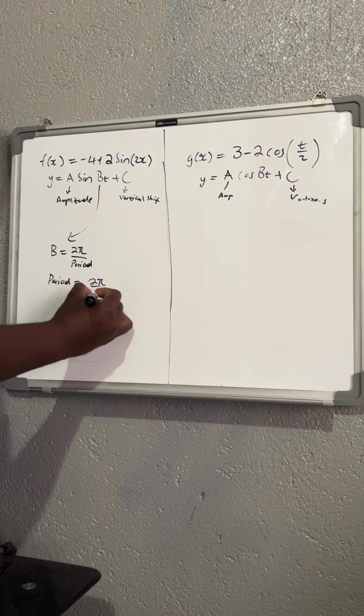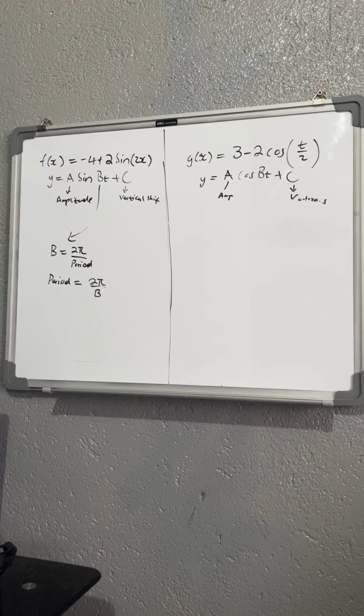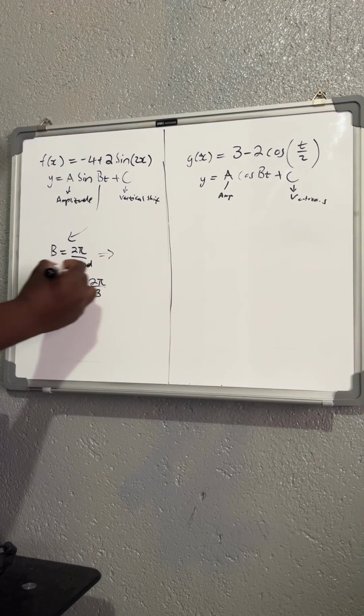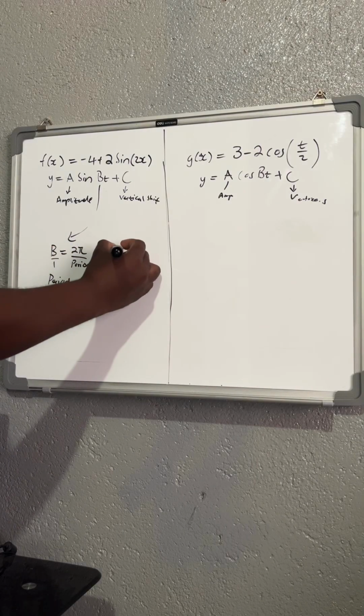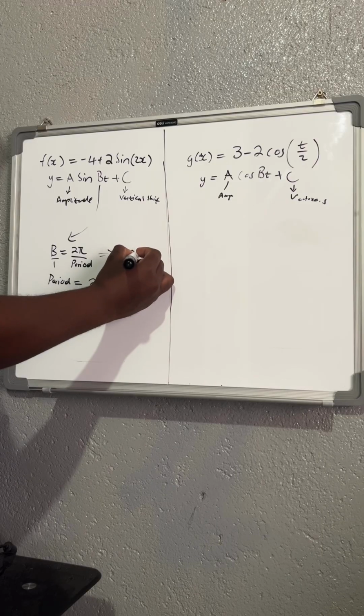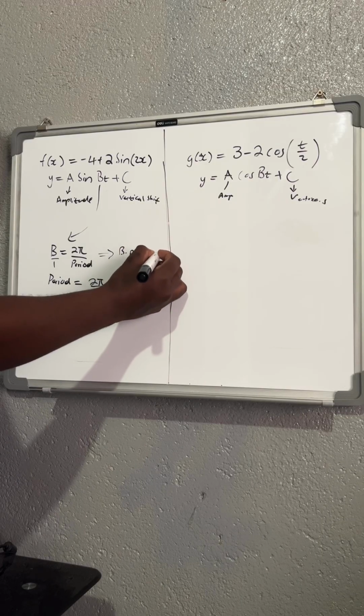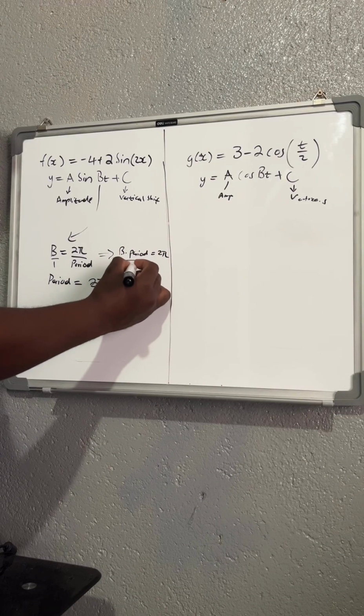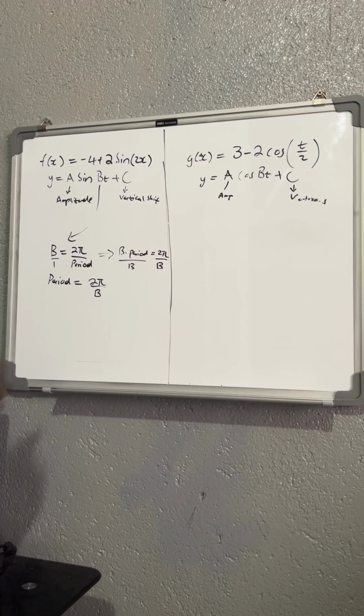Remember, from this one you just cross multiply. This would be b multiplied by your period equals 2 pi, then you divide by b, then you get here. Those are some of the things you have to remember.